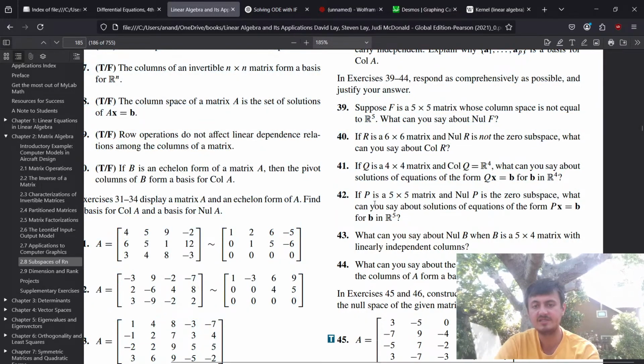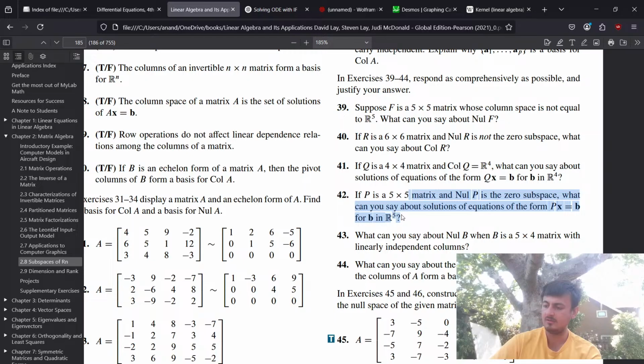42. If P is 5 by 5 and the null space is the 0 subspace, what can you say about solutions of equations of the form Px = b? How is this different? I feel like this is the exact same. Okay, 42.